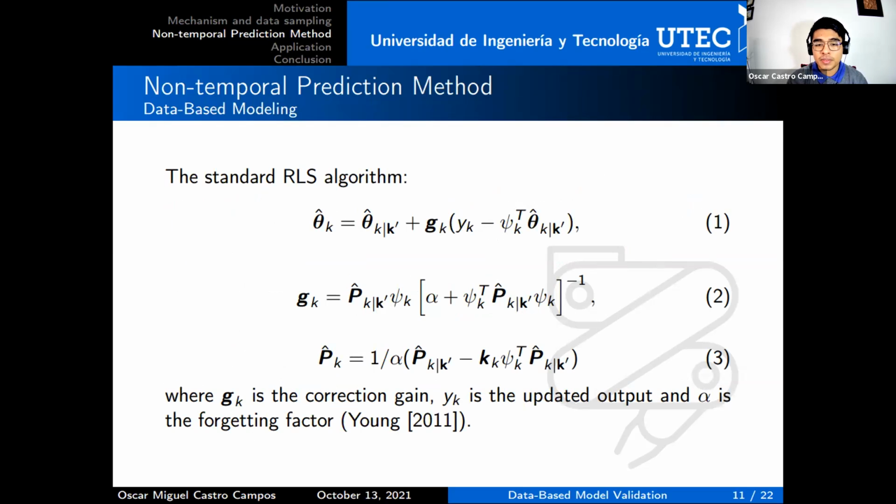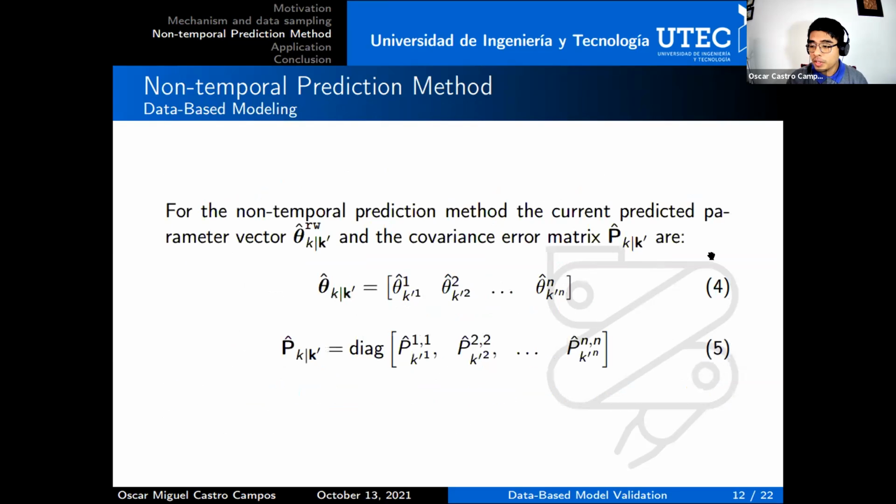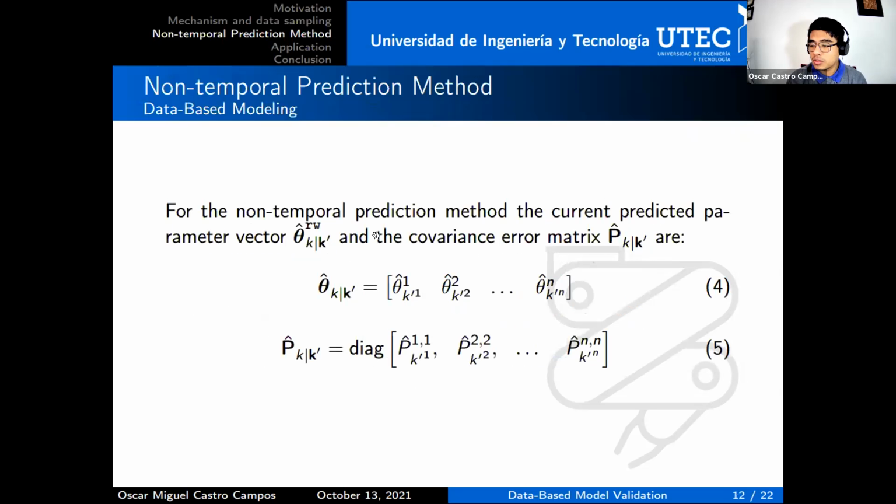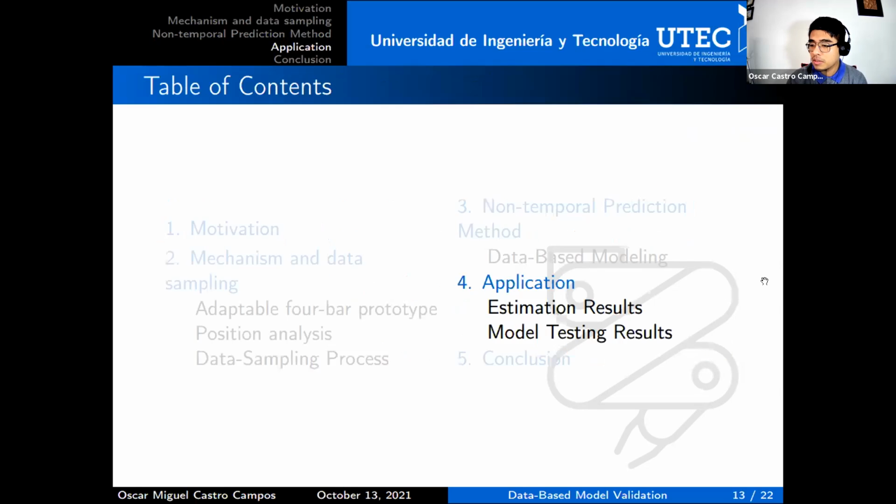But in the non-temporal prediction method, the current predicted parameter vector theta and the covariance error matrix are described in this expression. If you want to know more about the non-temporal method, you can check our first reference that I'm going to show you later.